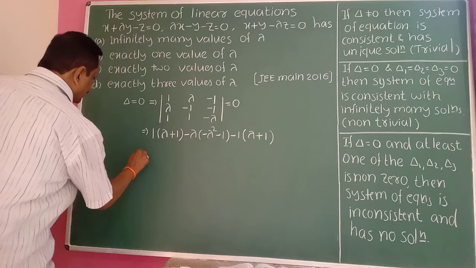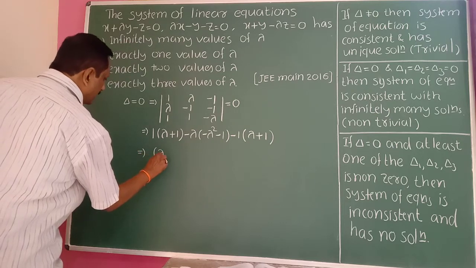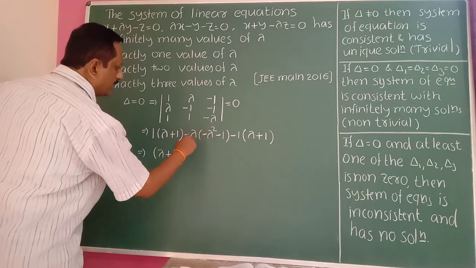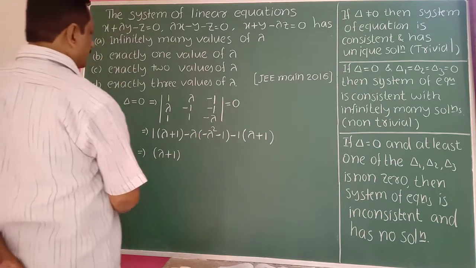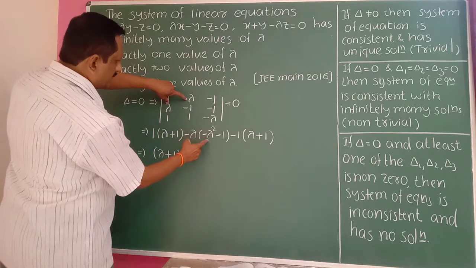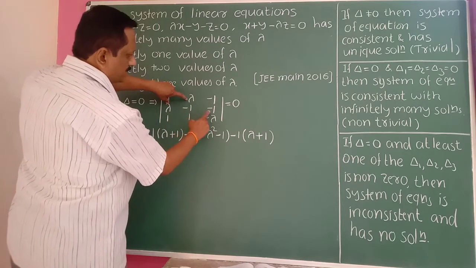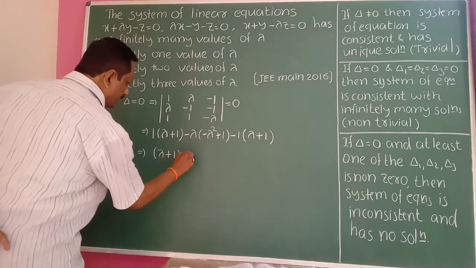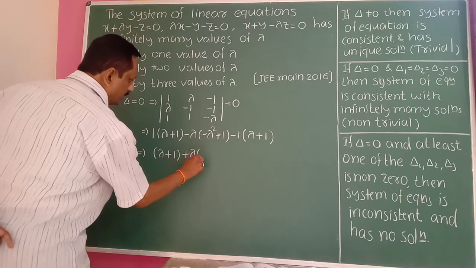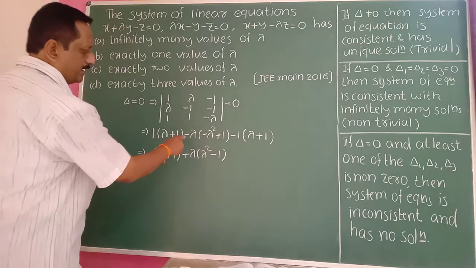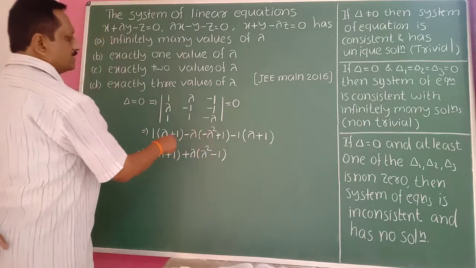Therefore this implies lambda plus 1. Take a minus common factor here. So minus of lambda, lambda into lambda, lambda square, minus lambda square. 1 into minus 1 is minus 1, minus plus again. Yes, minus into minus becomes plus. Lambda into lambda square minus of 1. Take a minus common factor here.